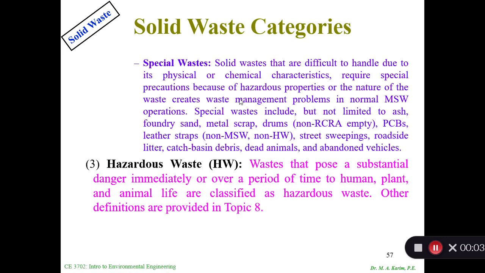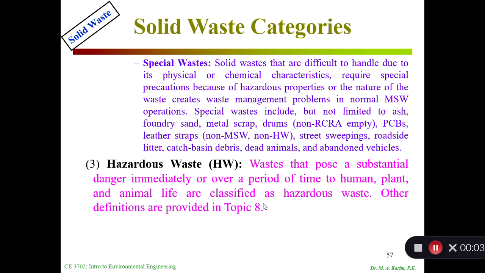These are industrial, but they are considered special waste. The next one is the hazardous waste. Waste that poses a substantial danger immediately or over a period of time to human, plant, and animal life is classified as hazardous waste. Other definitions are provided in topic 8, so we'll discuss this in more detail there.